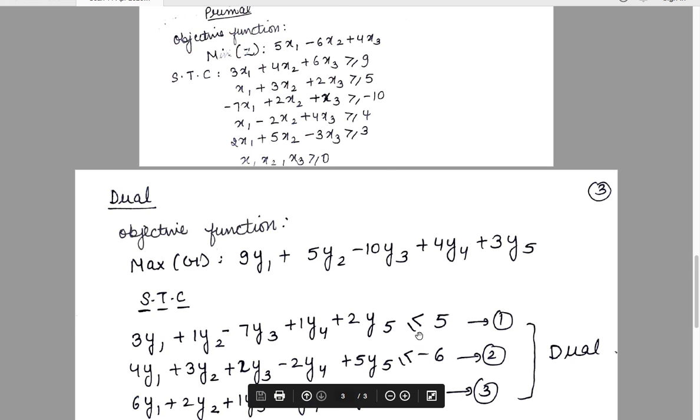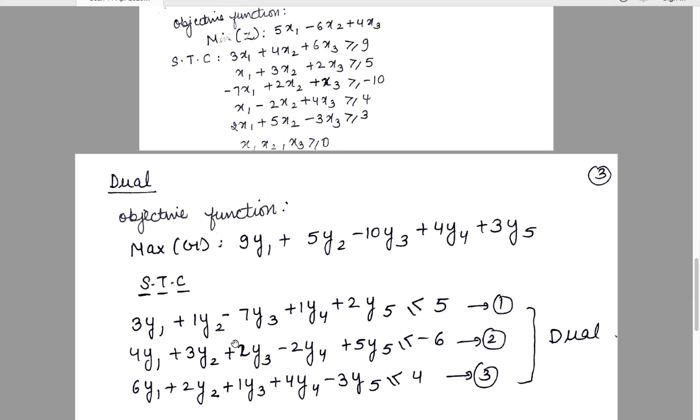Greater than equals to sign will be converted into less than equals to. This 5 we have taken from the objective function of primal. For the second constraint, you can see the second column of the primal: 4, 3, 2, 2, 5. So how will we write the second constraint? 4y1, 3y2, 2y3 minus 2y4 and plus 5y5 less than equals to minus 6, which we have taken from the objective function of primal.